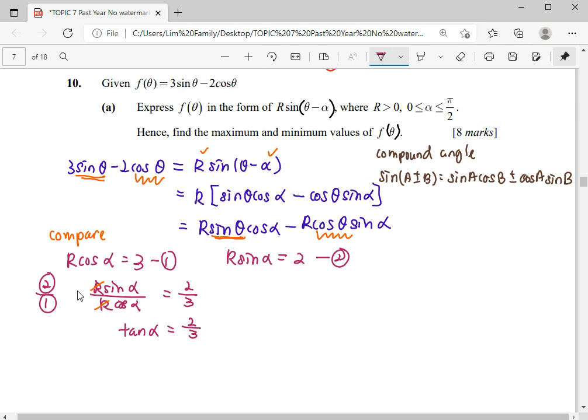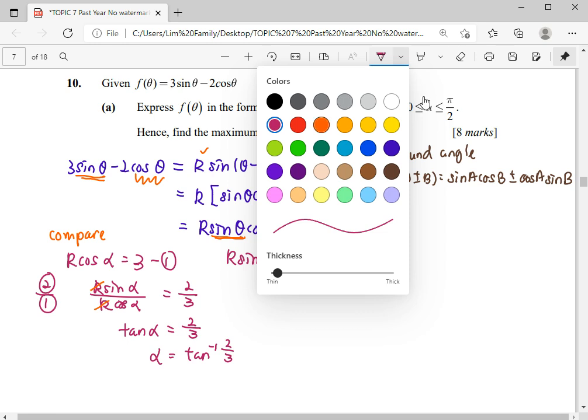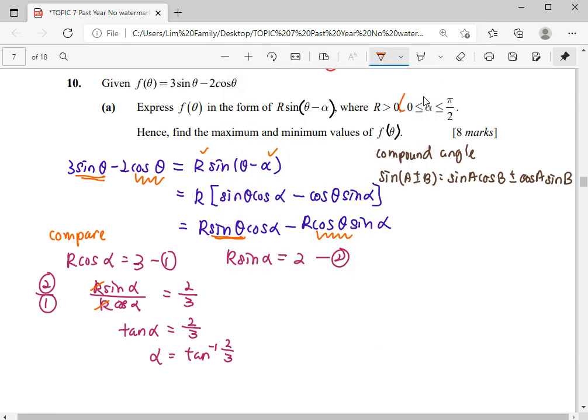So we just solve this to find out what our alpha is. So how to solve this? This one will be shift tangent. And before we press our calculator, look back at your questions here. You can see our alpha here is between 0 and pi over 2. So when you read pi here, it means it should be in radian mode.